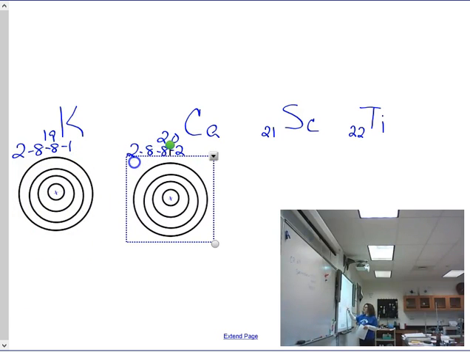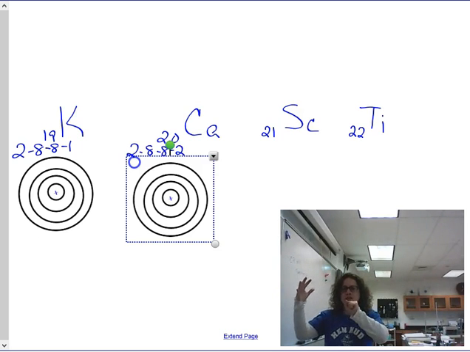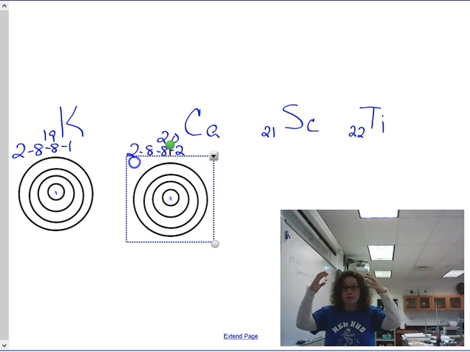But calcium is something different. Instead of having 19 protons in its nucleus pulling on those electrons, holding them in, positively charged nucleus, negatively charged electrons, there are 20 protons pulling. So, more protons means a greater force of attraction.